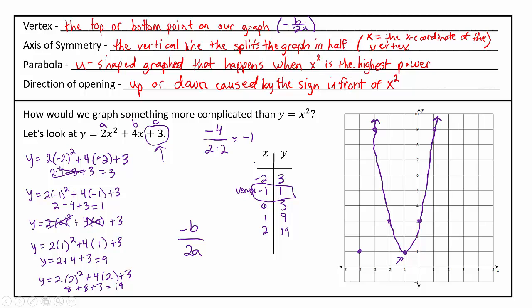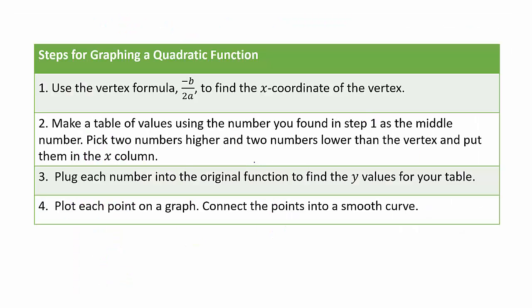So here are our steps for graphing a quadratic function. We're going to use the vertex formula, -b over 2a, to find the x-coordinate of the vertex. We're going to use that to pick our table of values. We put that number in the middle and pick 2 numbers higher and 2 numbers lower than the vertex, and fill in the x column.